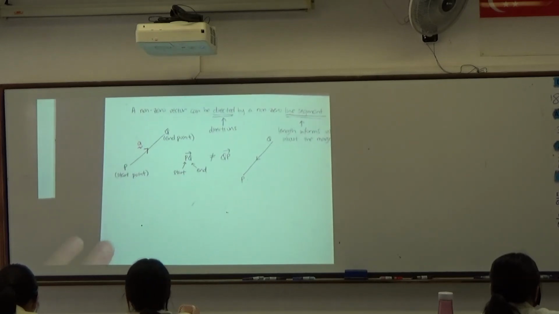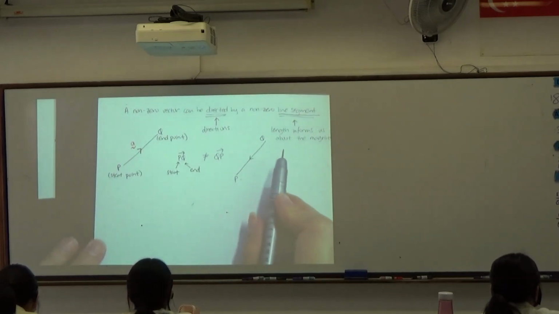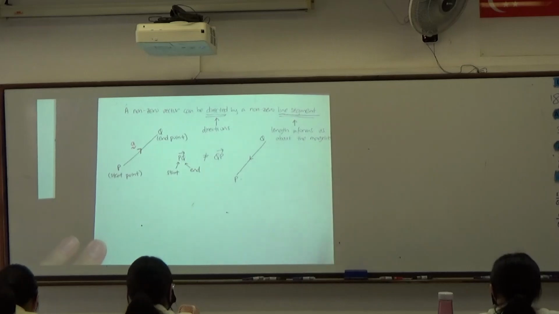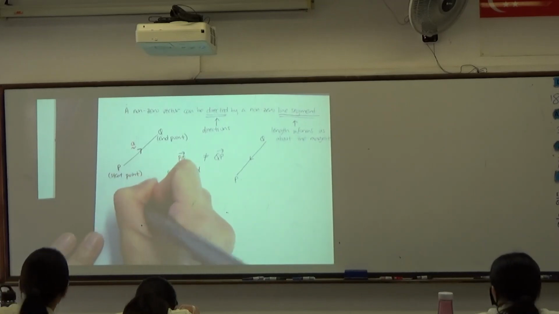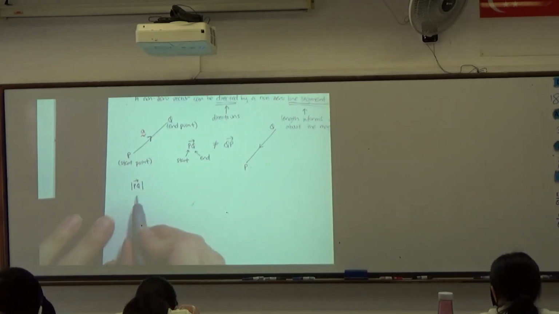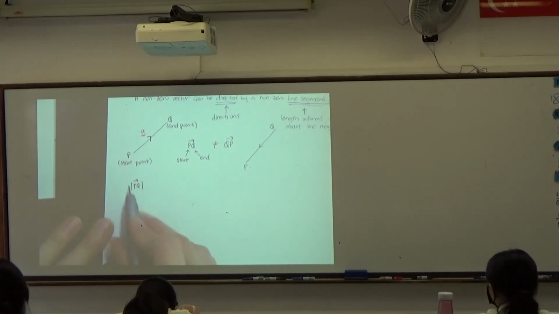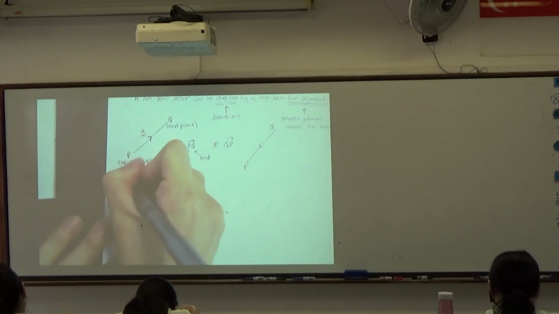Then, when it comes to magnitude, magnitude is a length. It is a number, a value. What we will usually write when it comes to writing magnitude is that we put these two lines outside the vector that we have.